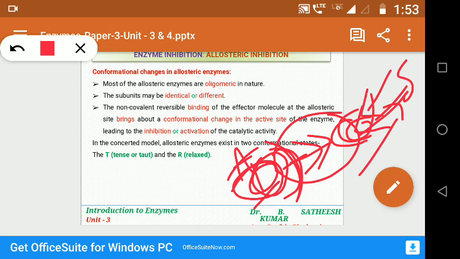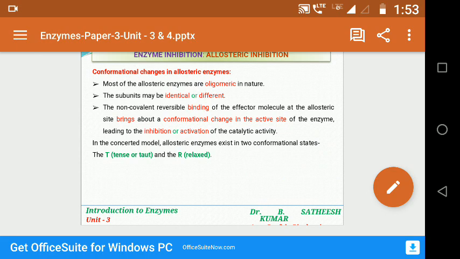Therefore, the activity of the enzyme will be decreased. In this way, the rate of catalytic velocity of the enzyme depends on the allosteric modulator. If it binds activator, the catalytic velocity will be increased. If it binds inhibitor, then the catalytic velocity will be decreased.